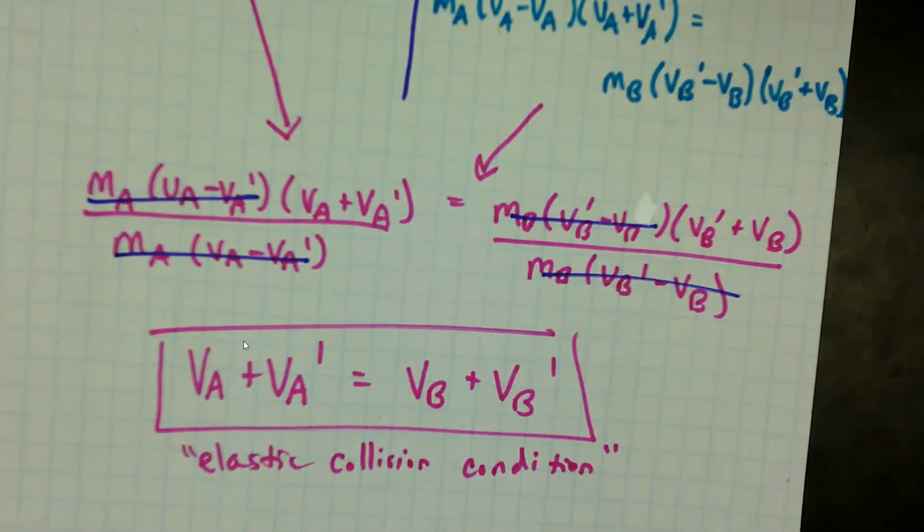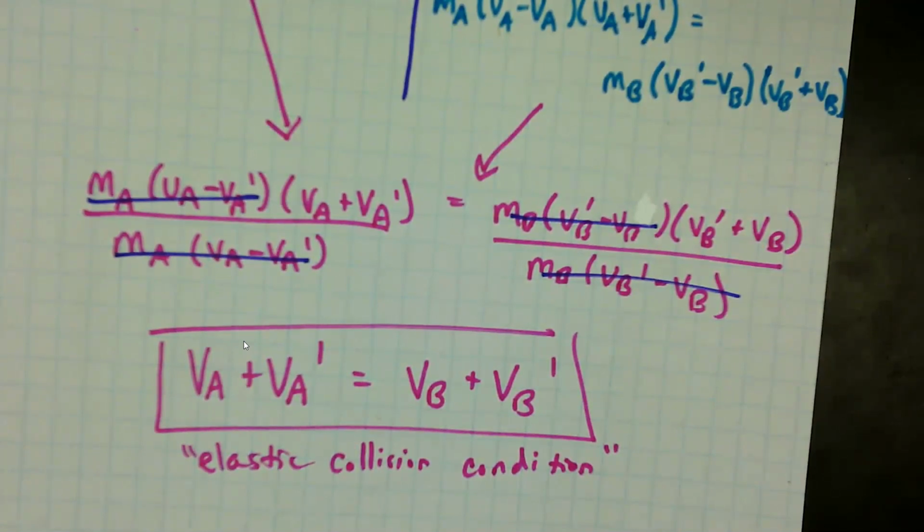You just marvel at that for a second. That is kind of cool that there was that really ugly bit of math that turned into a pretty simple equation. Now, there's a caveat to this equation. This equation only works in one dimension.